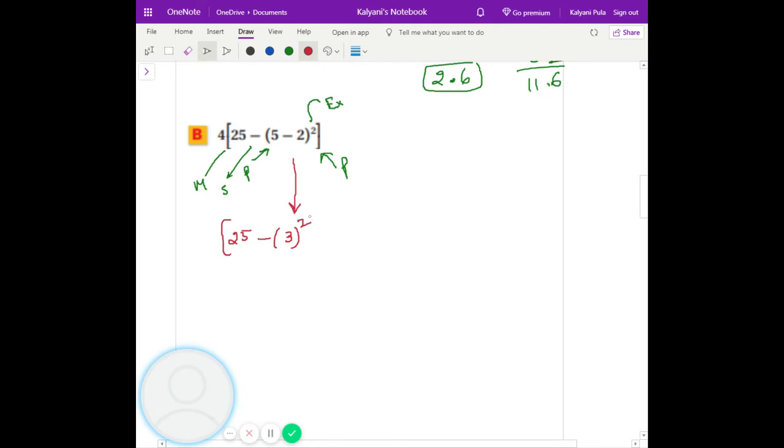But as you guys are getting really good at this, you can skip some of the steps. You don't need to do all of them. And then 25, and I do the exponent next, which is 3 squared is 9. And then 25 take away 9 is 16. But 16 times 4, or 4 times 16, that's 64. Does that make sense? Okay.